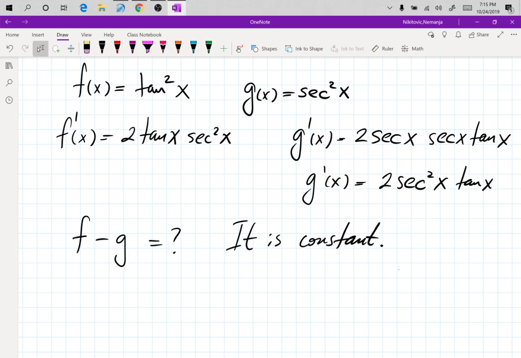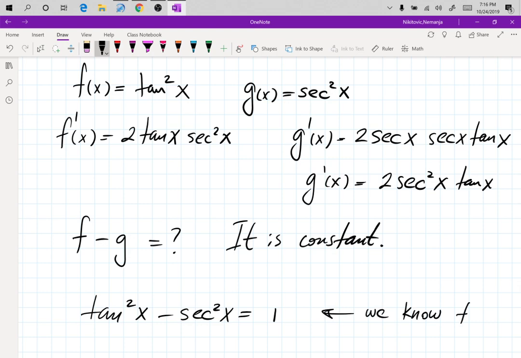Now, what we know is that tangent squared x minus secant squared x is equal to 1. We know this because 1 plus tangent squared is secant squared when you rearrange it.